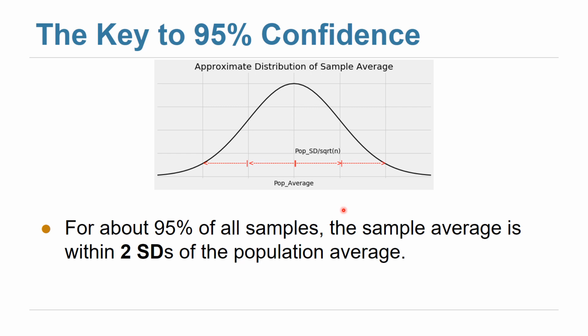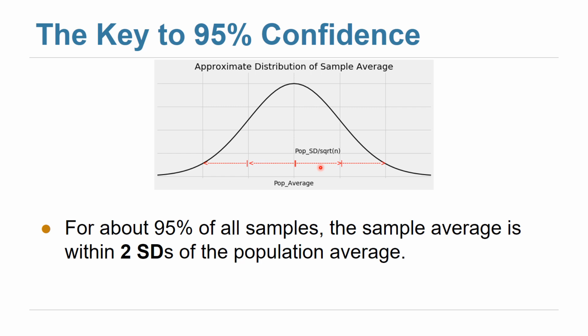Now, when we talk about the sample average, we know that the probability distribution of the sample average is the normal distribution as we see here. So, the 95% confidence interval means that 95% of the possible averages will be within that range.